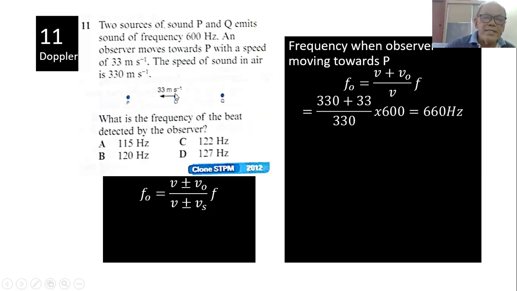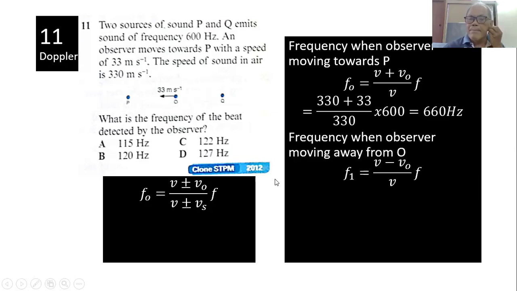The sound is moving to the right, but the observer is moving to the left. Sorry, I think I've done something wrong. The observer is moving to the left, whereas the sound is moving to the left also.